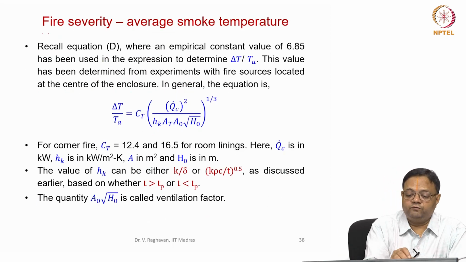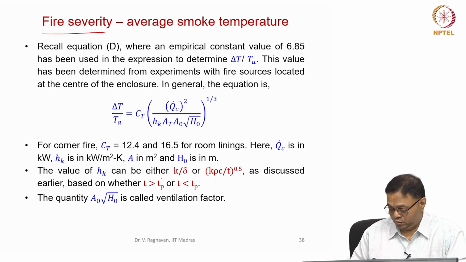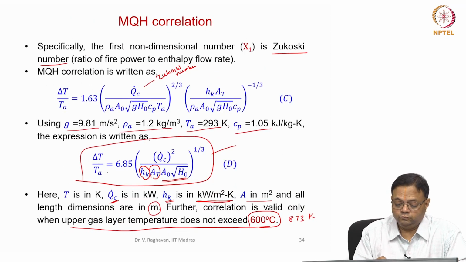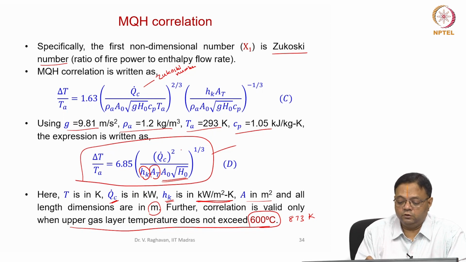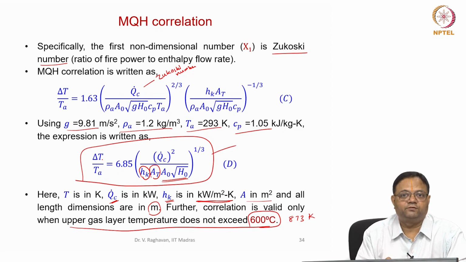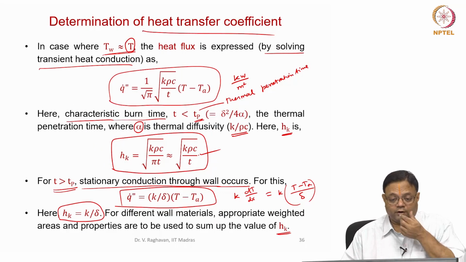Now fire severity. Again, please see that we will go back to equation D here, which is an expression for a typical delta T by TA, where please understand that the delta T has not exceeded a temperature of 600 degrees centigrade. So this is 6.85 times Q dot C squared divided by Hk At A0 root H0, whole power 1 by 3.